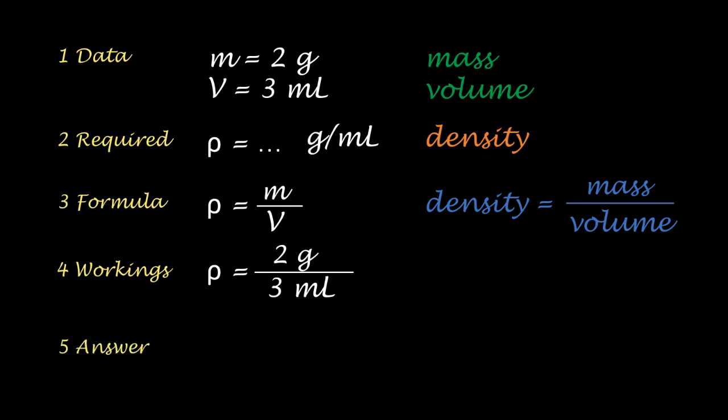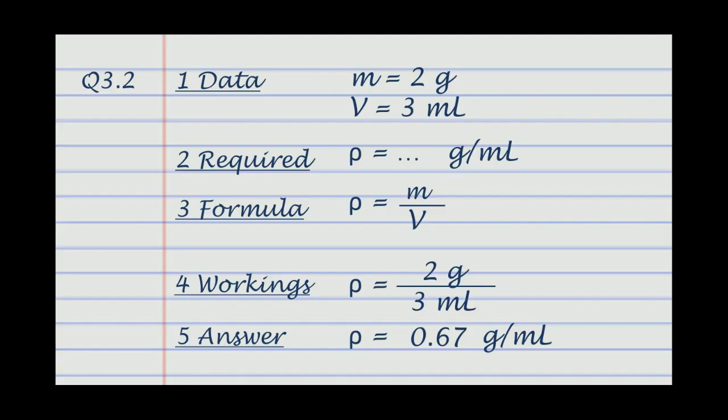The answer, rho equals, now get your calculators out, 2 divided by 3 is 0.67 grams per milliliter. So again, the same steps, and your notes, they look like this.